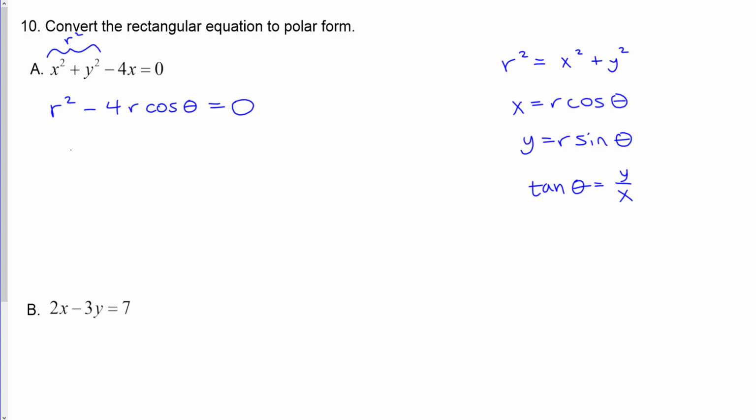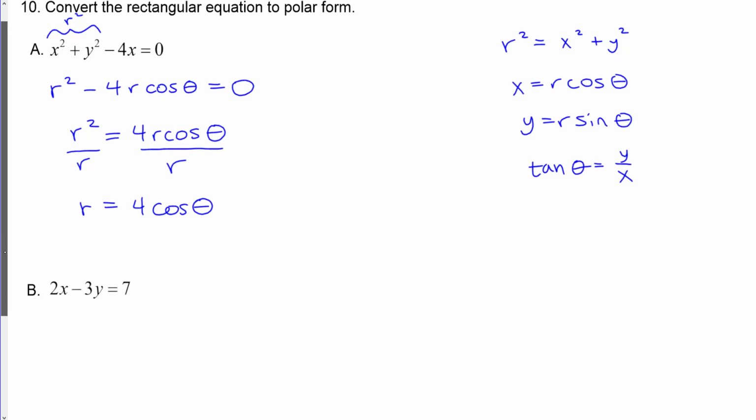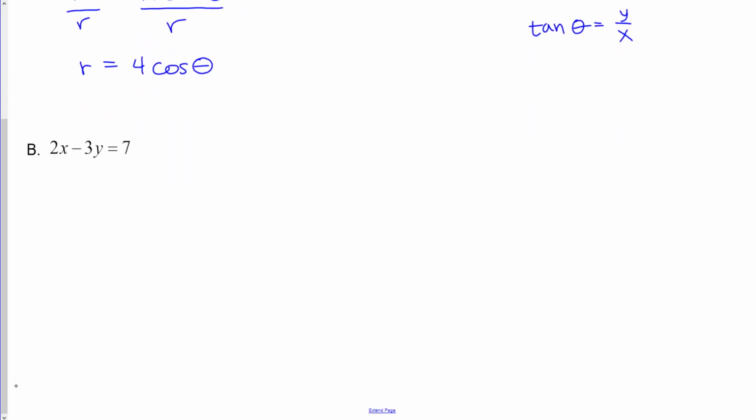So for instance, if I subtract 4r cosine theta to the other side, and then divide both sides by r, I get r equals 4 cosine theta. So there it is in r equals theta form. That would be the final answer.